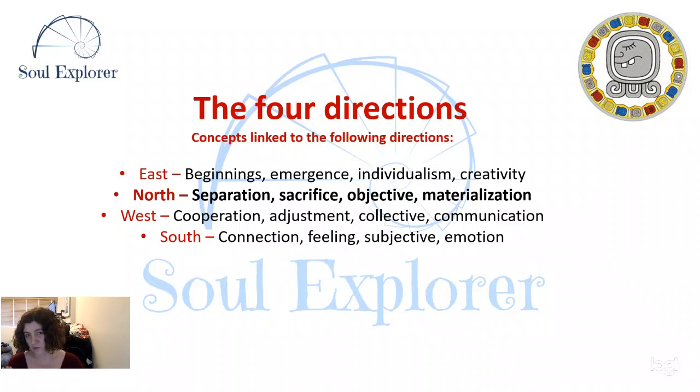Other signs within the North group, or the white group as I often call them, are the other people that you are most compatible with if you are a Cimi, death, transformation, Mayan day sign.